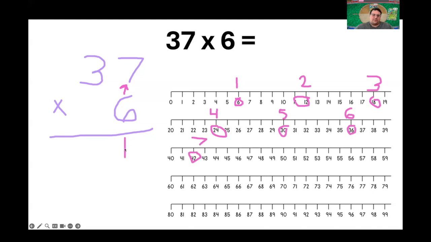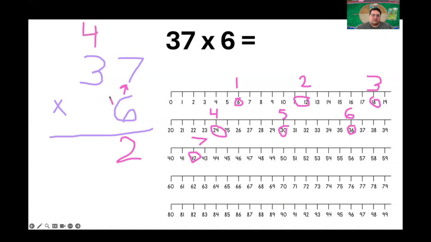So I have my 42 at the bottom. Remember, I can't have both of these numbers down here. I want to keep my number that's in the ones, and the number that I have in my tens, I want to carry over on top of the 3. So let's do that. Let's keep our 2 right here, our 4 right here.